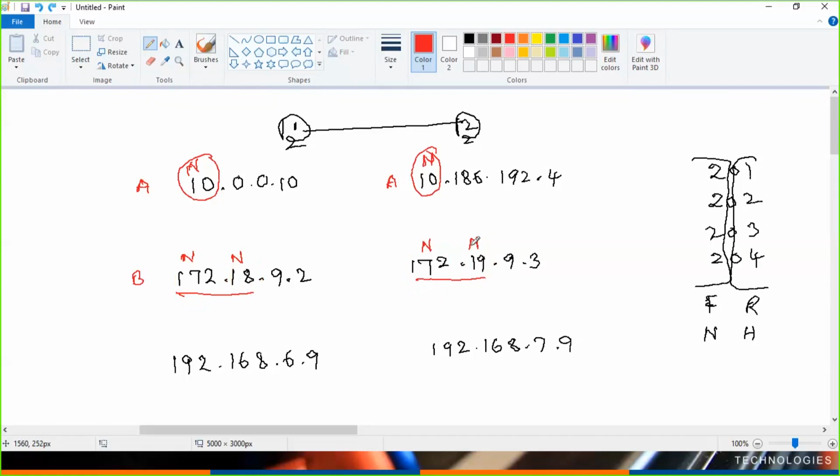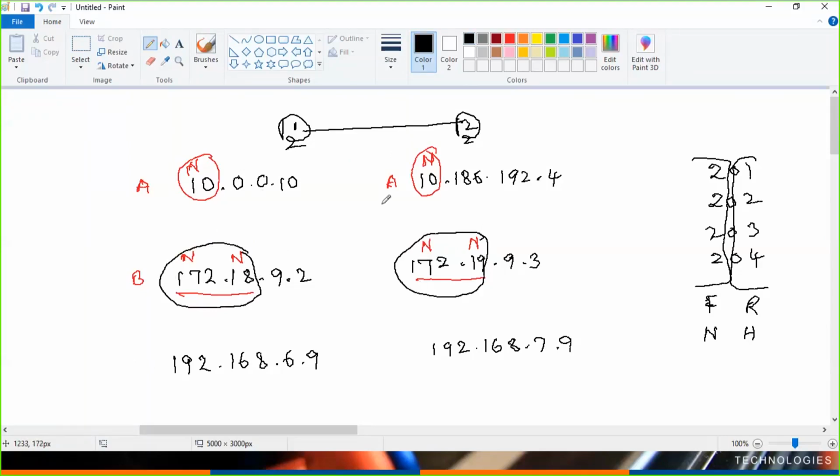So for example, 172.18, right? Whereas if you look at 172.19, you mean to say that 172.18 is supposed to be 172.19 to communicate?